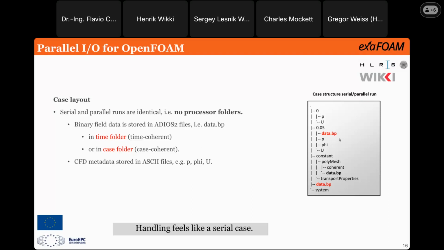So what will be implemented definitely is this time coherent format where the ADIOS2 data is stored within a time folder. But in principle, what we also tested and implemented was a case coherent format where individual time steps all are aggregated into this file, which also enables a little bit more, for instance, the asynchronicity feature, HPC relevant workflows, let's say.